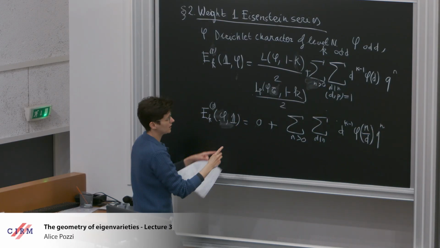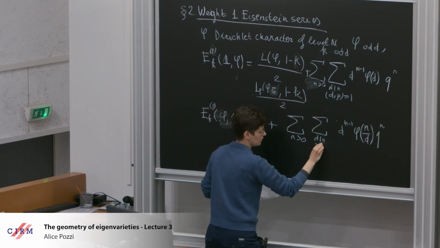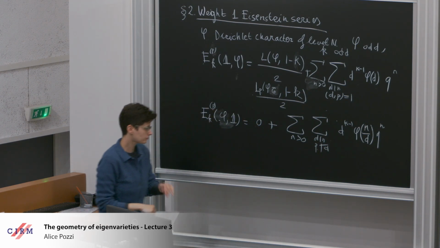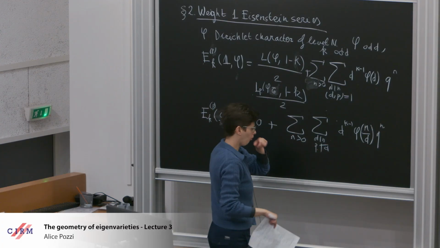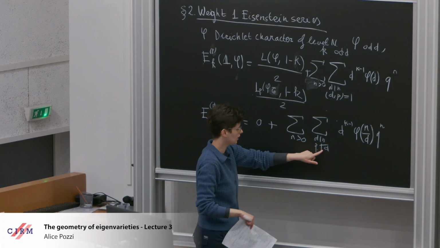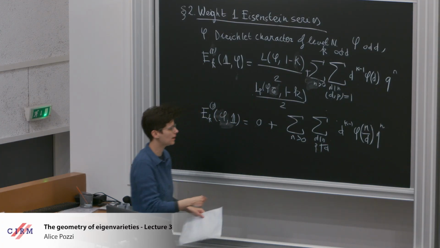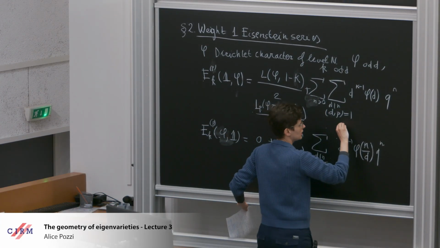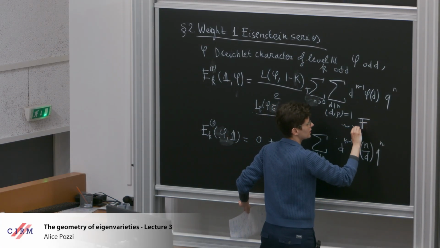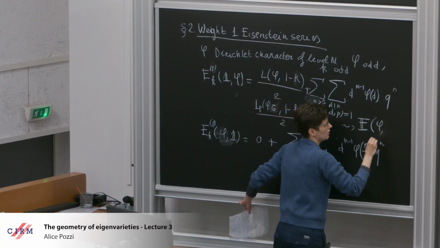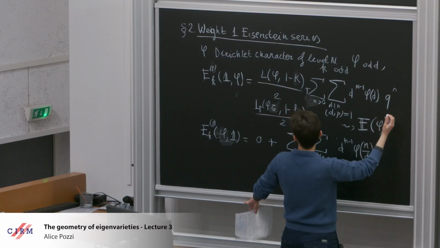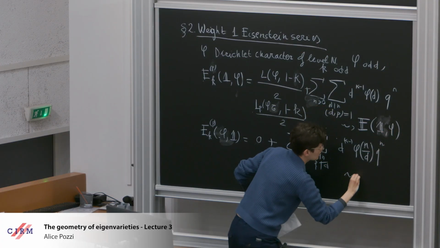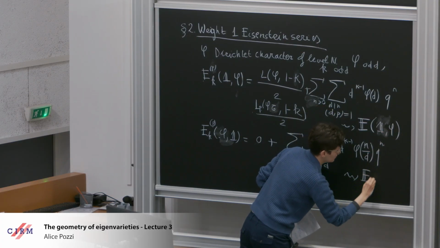And again, we can do the same business of removing the divisors of n such that p divides them, and this interpolates p-adically. So this interpolates to a family that I'm going to call E phi 1, and this is E phi 1.